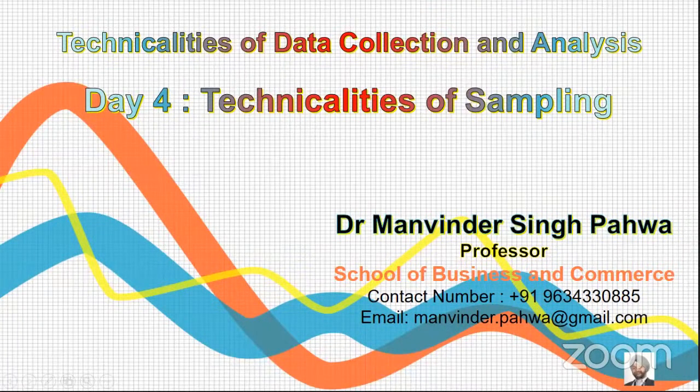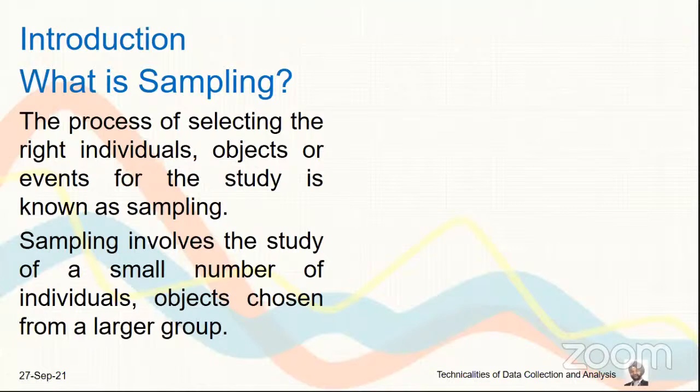Fine. So let us see what sampling is. It is the process of selecting the right individuals, objects, or events for the study. The study is the research which we are doing, right? And we should find the correct people for it, and only then can we say it is a proper and good sampling.